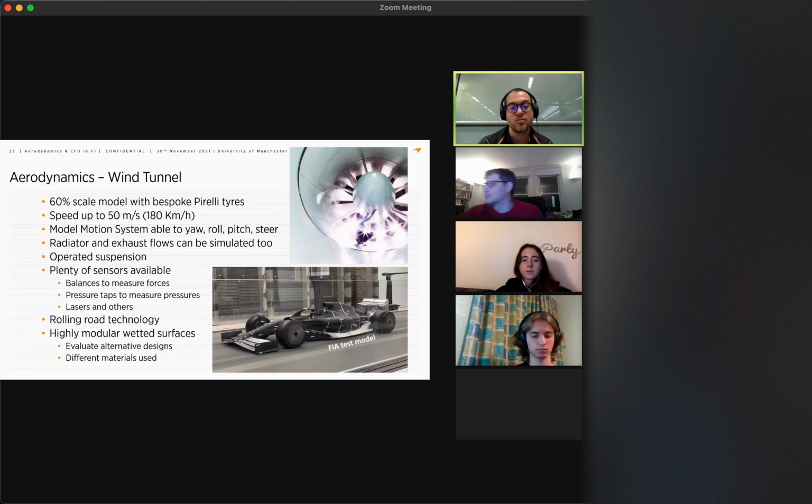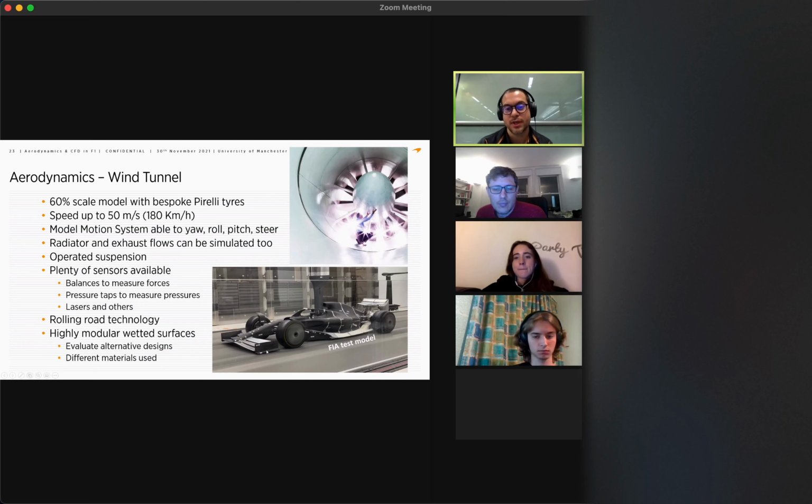Wind tunnels use rolling road technology, so your ground is moving. You have a stationary model, and obviously your fan blows air towards your model. One other detail that highlights how complicated the world of Formula One is: for example, you have only changed this foot plate.